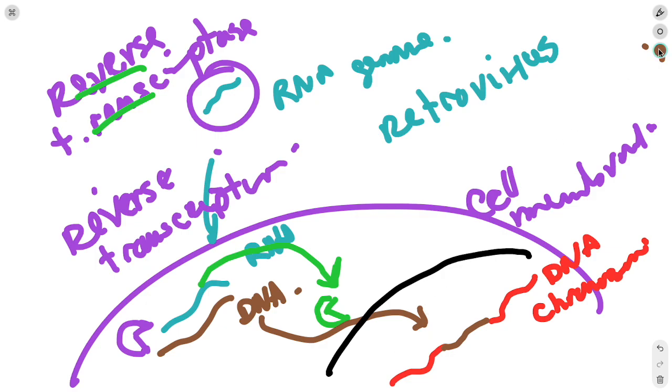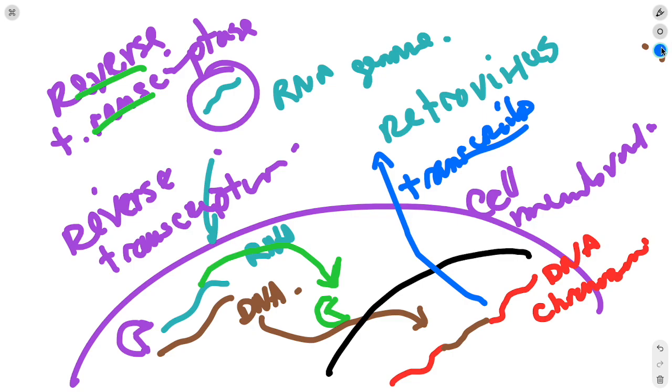And now we can do this regular transcription, like we've learned about that the host cell does. Oops, that's a little bit long, but we're going to transcribe that region and make RNA products.